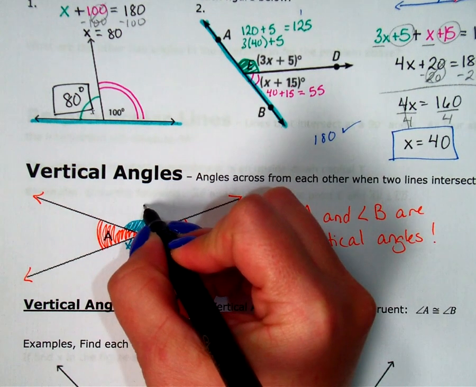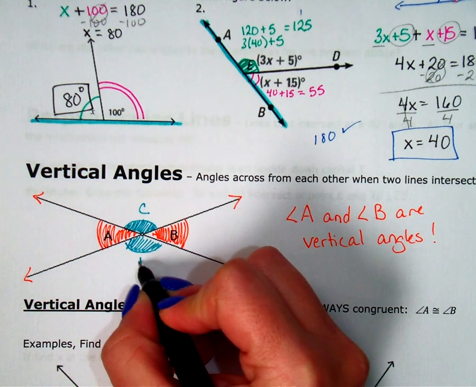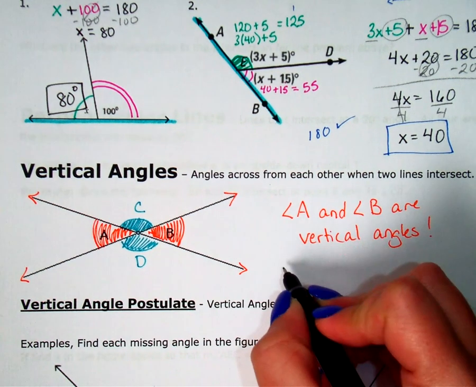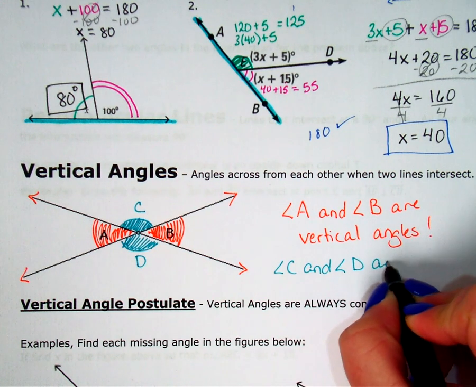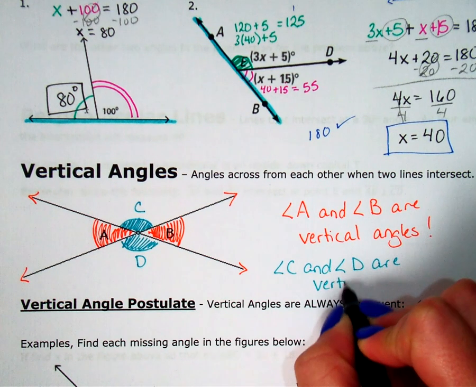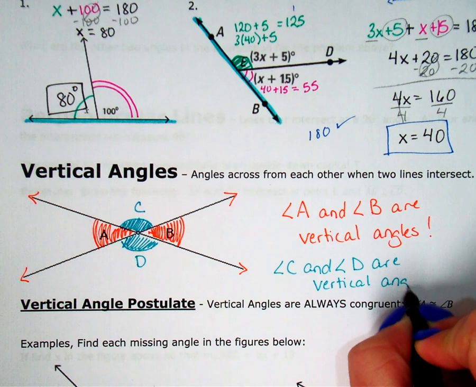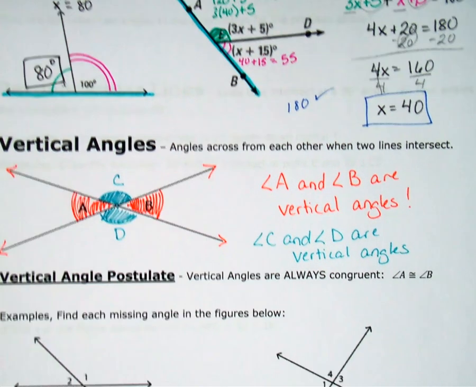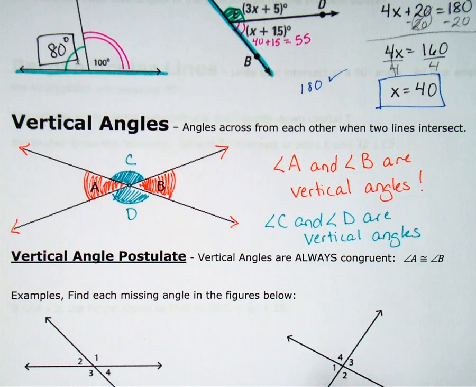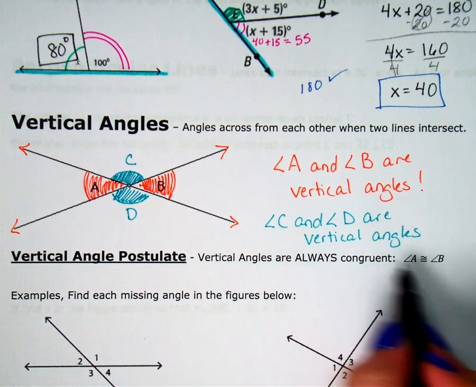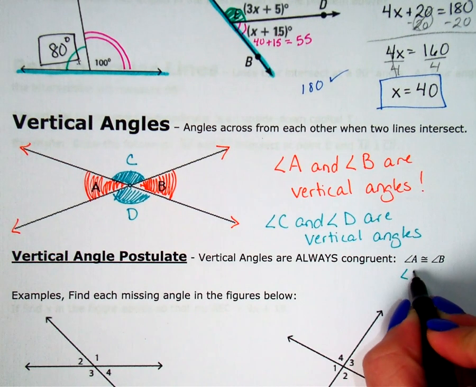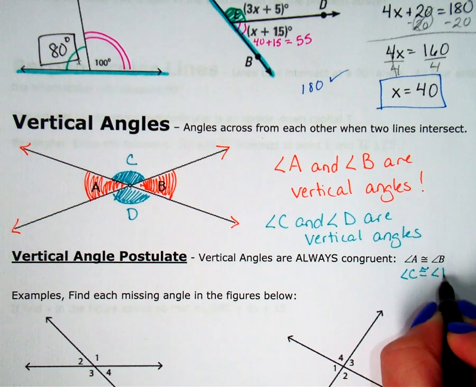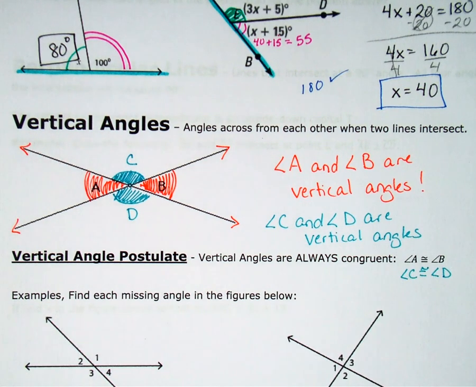So let's say I called this one C and this one D. I could also say angle C and angle D are vertical angles. My vertical angle postulate says vertical angles are always congruent. So angle A is congruent to angle B, and also in this picture, angle C is congruent to angle D, meaning they have equal measures.